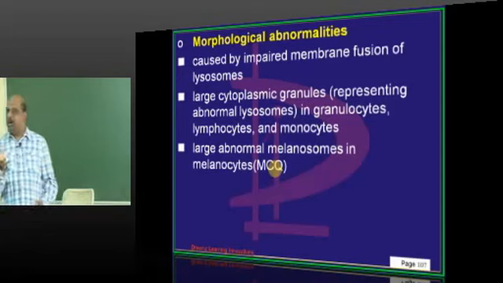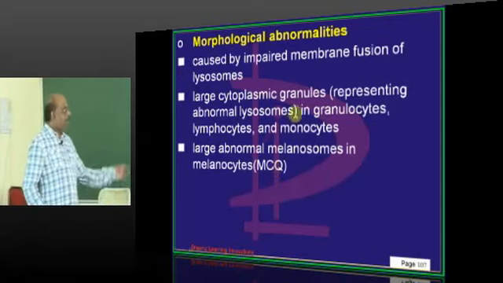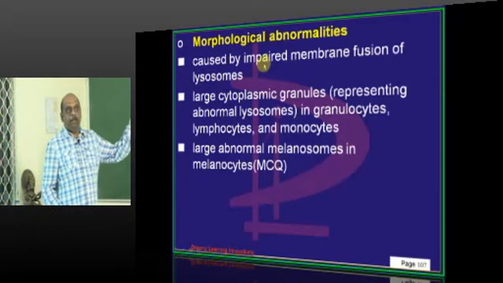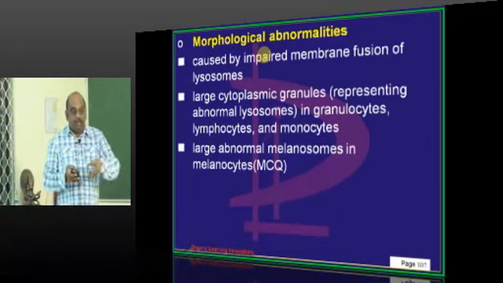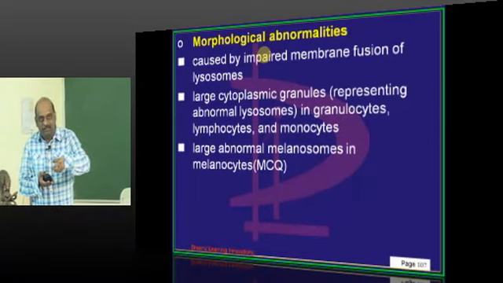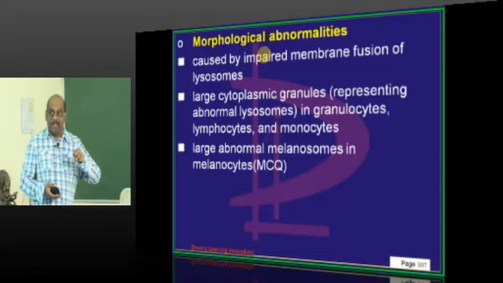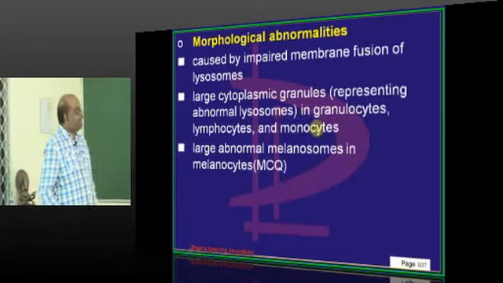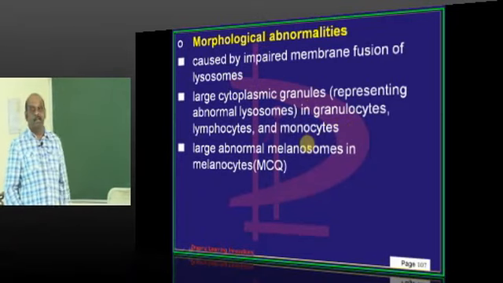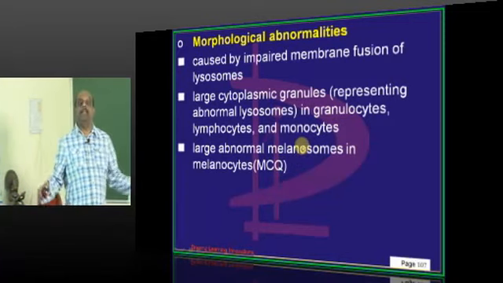So what are the important morphological abnormalities in Chediak-Higashi? Typically, there is a problem in fusion of the lysosome with the organism being phagocytosed inside the macrophage. There will be large cytoplasmic granules in the granulocytes, and similarly there will be abnormal melanosomes in the melanocytes.